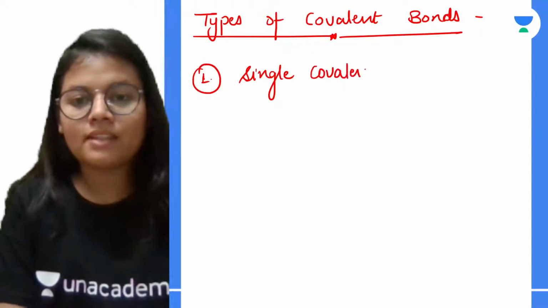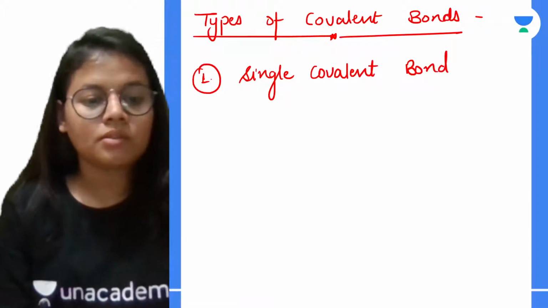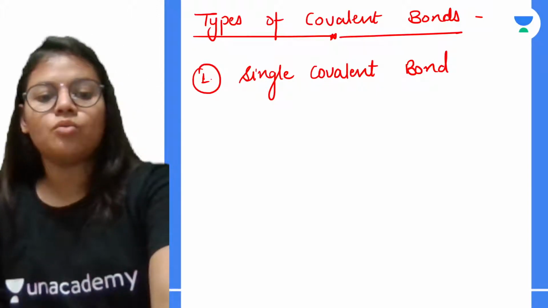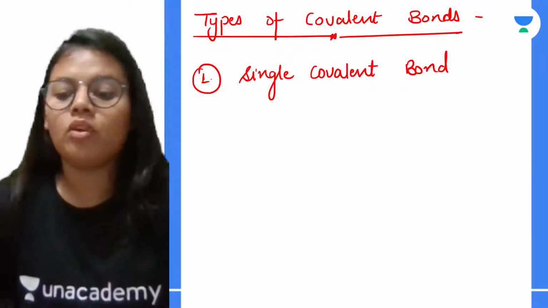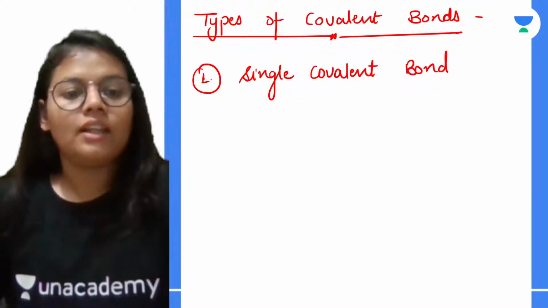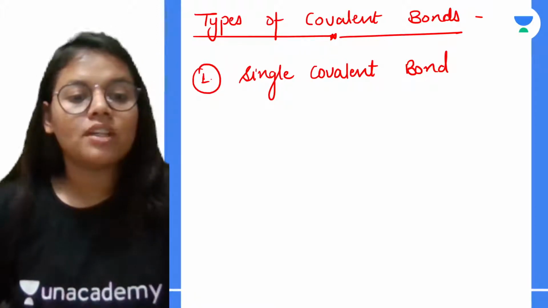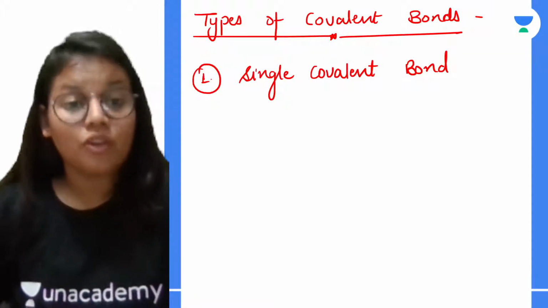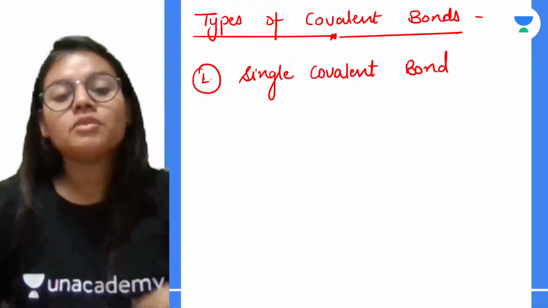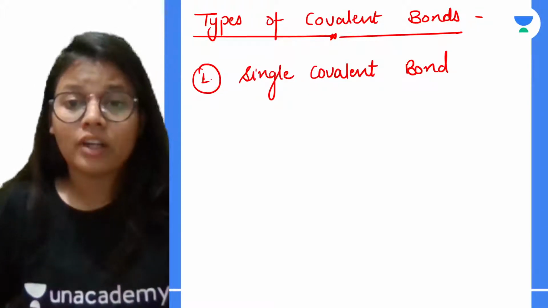Acha, what do we mean by single covalent bond? Any idea, anyone? Hanji, what do we mean by single covalent bond? Okay, let me tell you. See, right now we discussed कि covalent compounds कैसे form होंगे by mutual sharing of electrons. मतलब कि जो दोनों हमारे atoms है वो अपने अपने electrons share करेंगे and this is how covalent bonding will be formed.